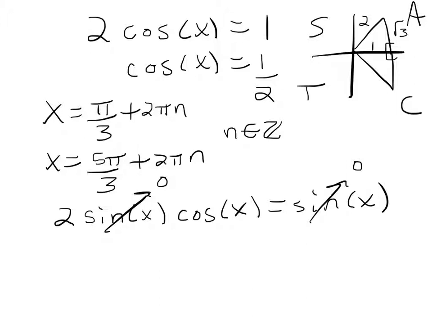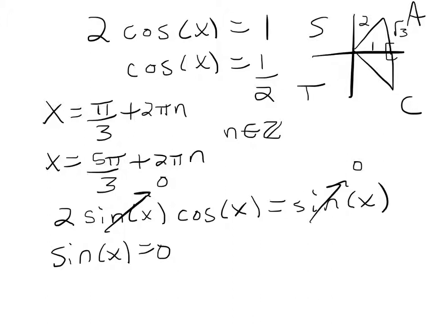So if sine of x is 0, that's actually a solution to the equation that I lost by dividing both sides by sine of x. A lot of people I see doing proper math solving these equations are often not going back to think about if they lost any solutions by dividing both sides by a particular quantity. So now I have to go back and also solve for when sine of x is 0, but that's a fairly easy equation to solve.